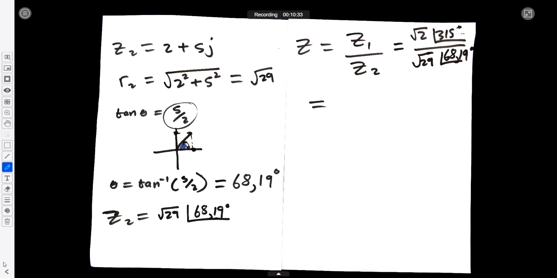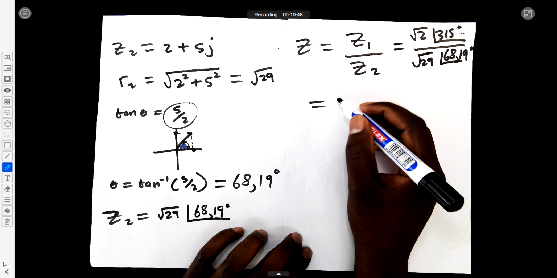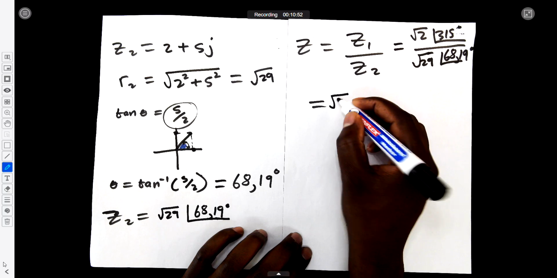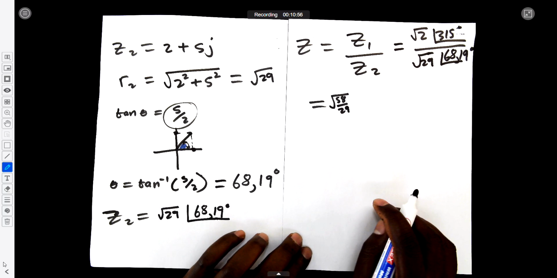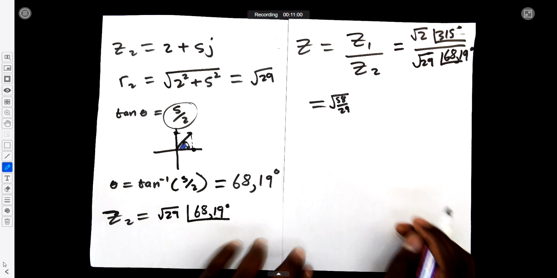So I know it will be inside the root, 2 over 29. Or root 58 over 29. That is root 2 over 29.